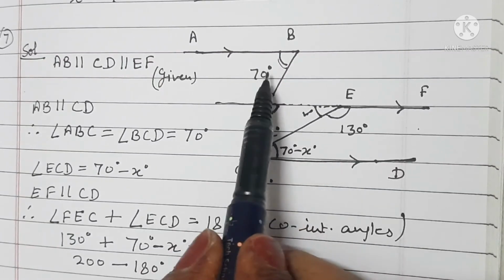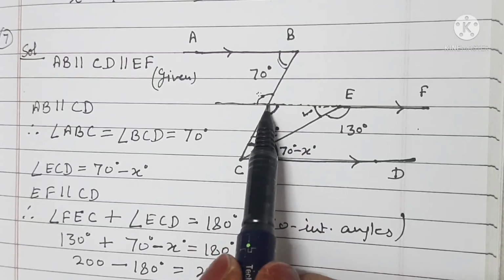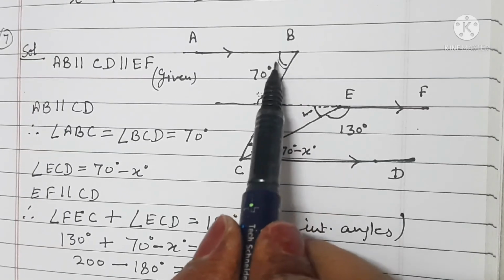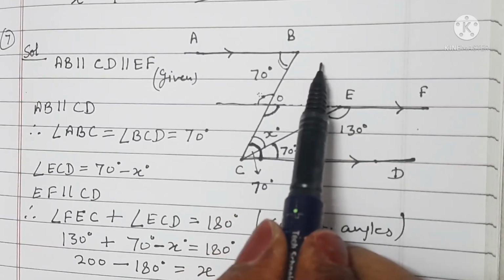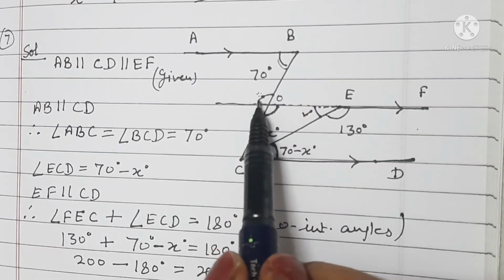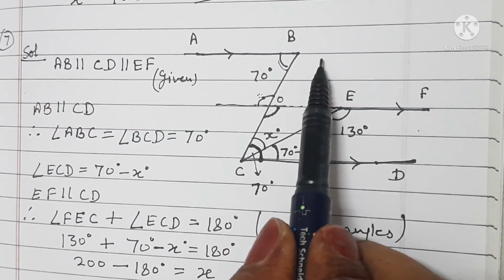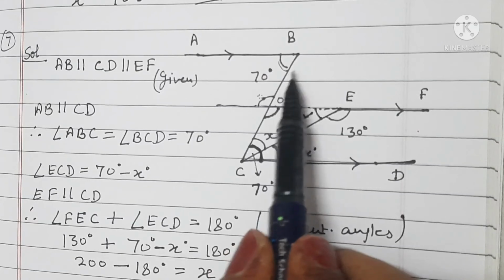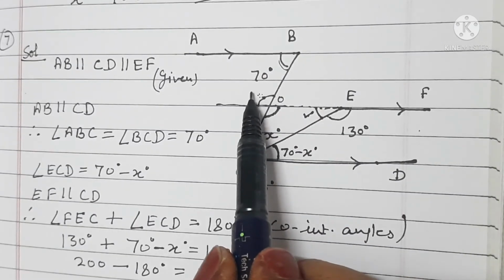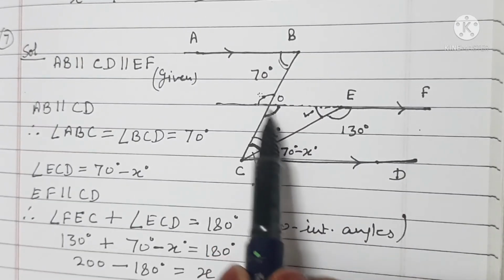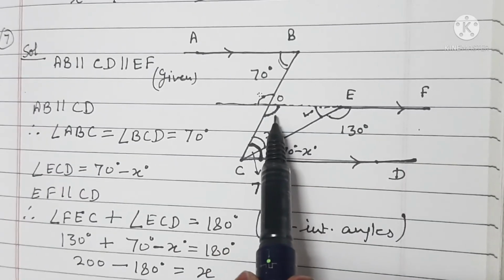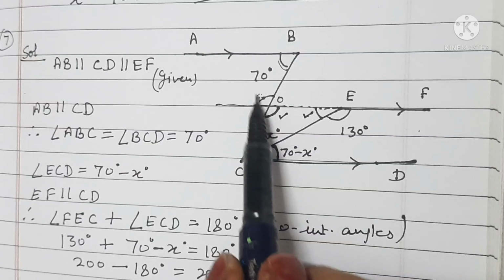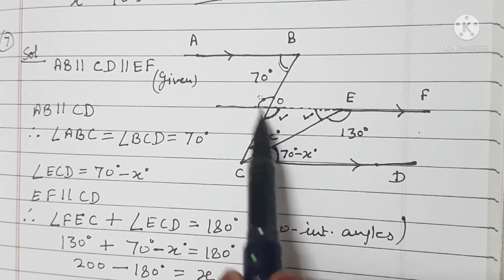So when you write this angle, suppose this is a point O, so angle O plus angle B will be 180 degree, means angle O plus 70 is equal to 180 degree. So angle O becomes 180 minus 70, we will get 110 degree, and these two are vertically opposite angles. So you will get this angle also, with this.